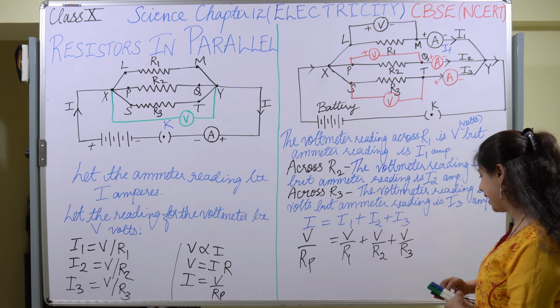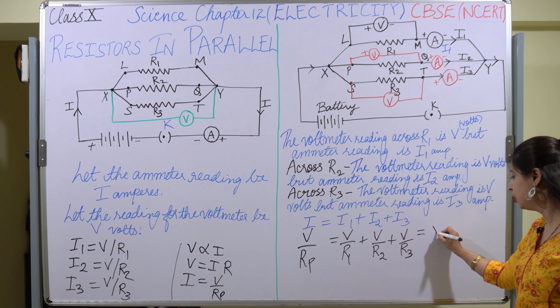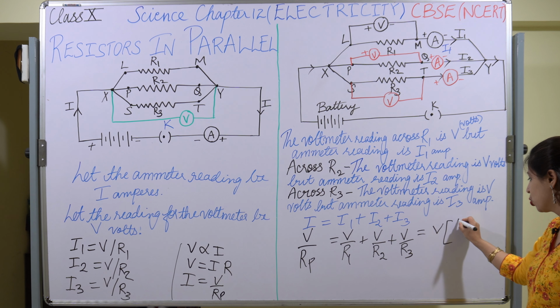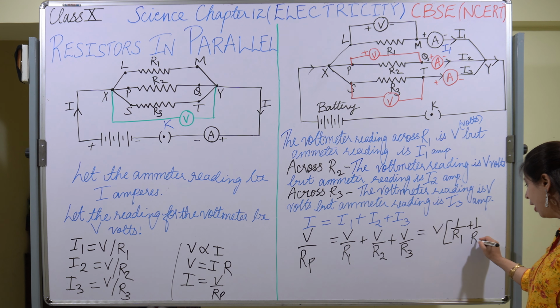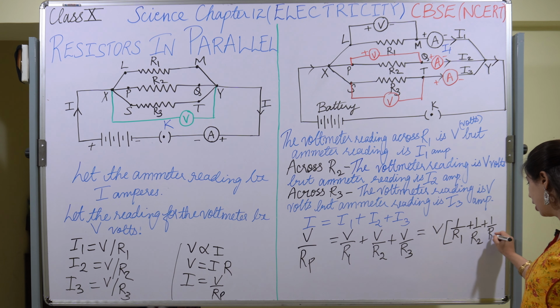We can take V common from here, so inside the bracket it is left 1 upon R1 plus 1 upon R2 plus 1 upon R3.